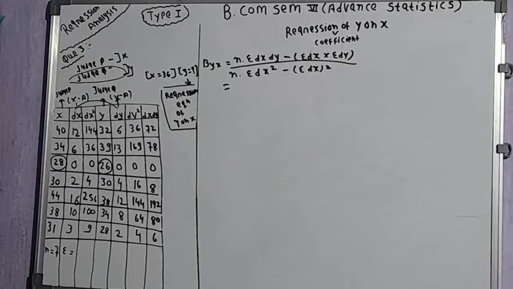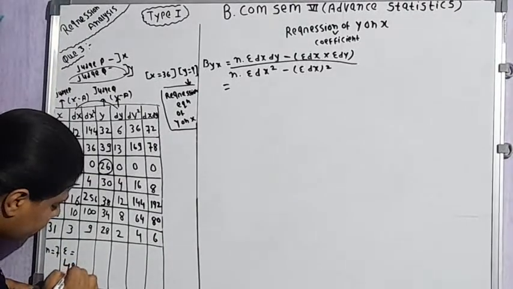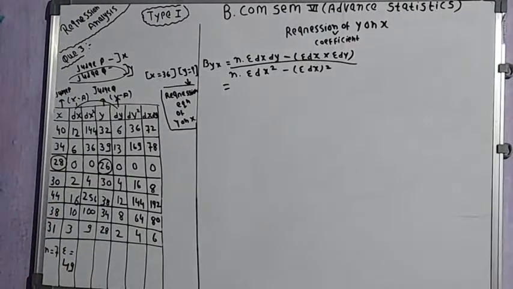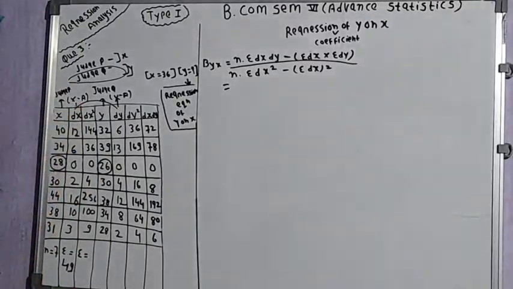So 12 plus 6 plus 2 plus 16 plus 10 plus 3. So it comes to 49. Okay. So summation dx is equals to 49. Then we have to compute the value of summation dx square. For that we have to add different values which we have put under dx square column.